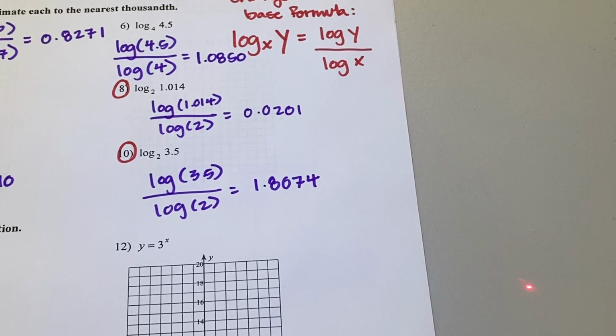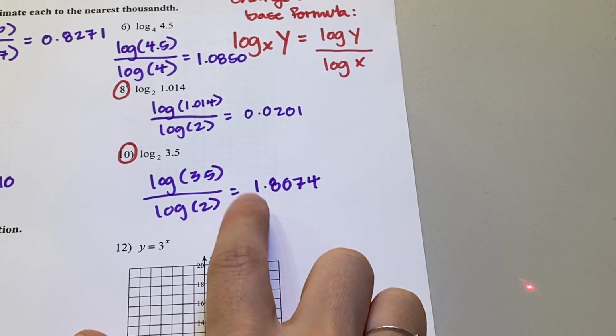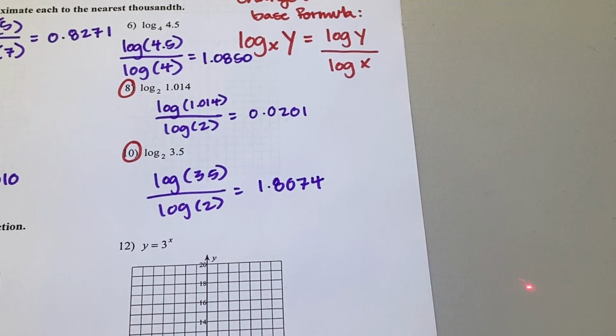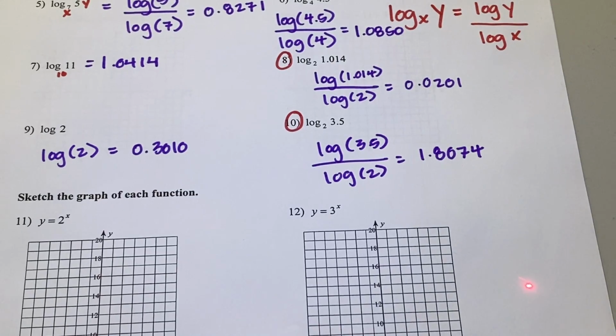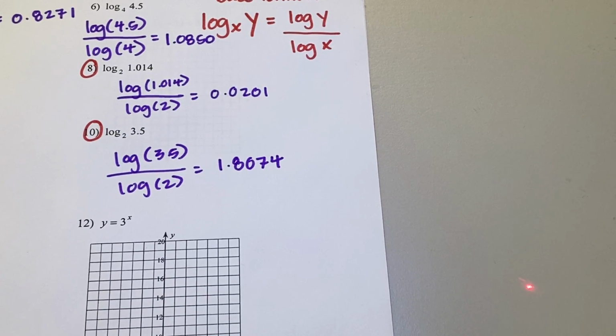Got to close those parentheses. Then number 10, after rounding, I got 1.8074. Get the same? Nice. What did you get for 9? 0.3010. Nice. Can you go back to 10? Yep, absolutely.